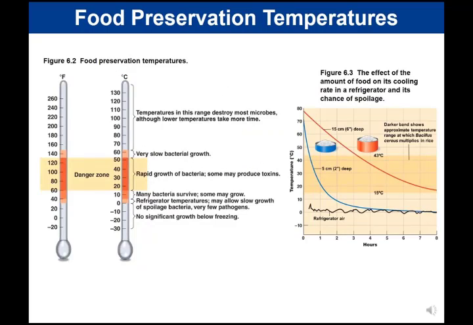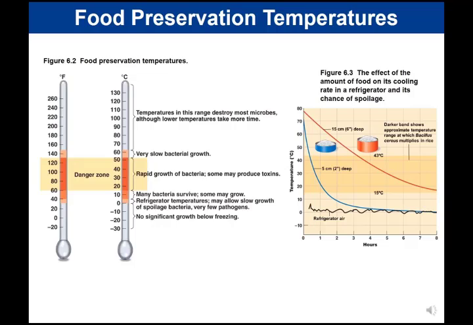Now, along those lines and food spoilage and food safety, the way that we store our food is extremely important. And that is that at high temperatures, so if we look at degrees Celsius, so at boiling temperatures, which is 100 to about 65, those high temperatures will destroy most microbes. Now, not all.